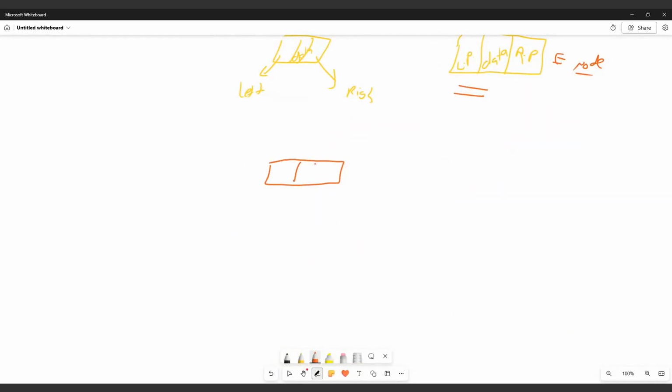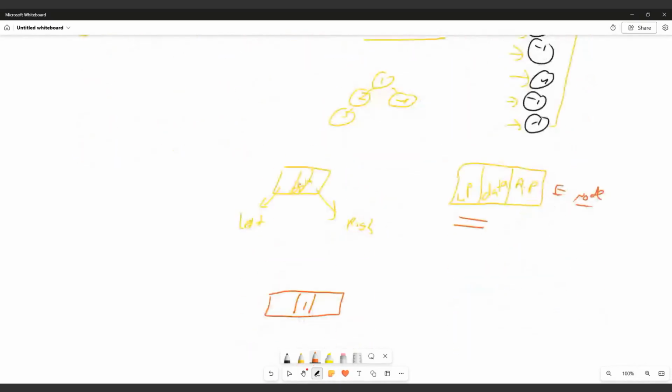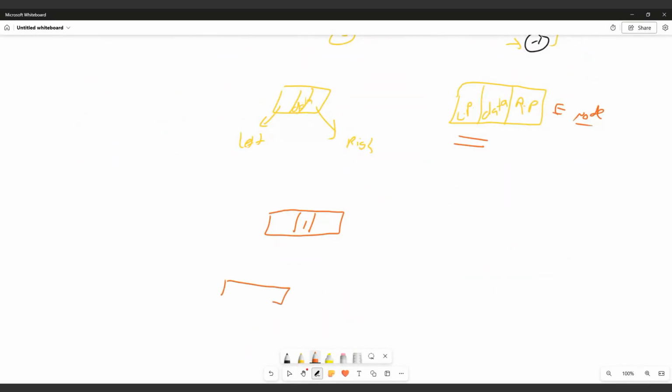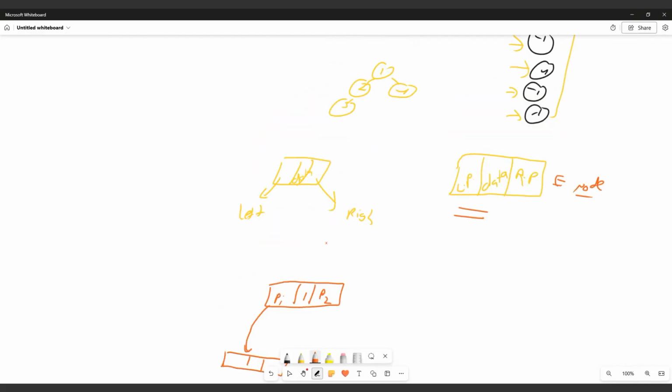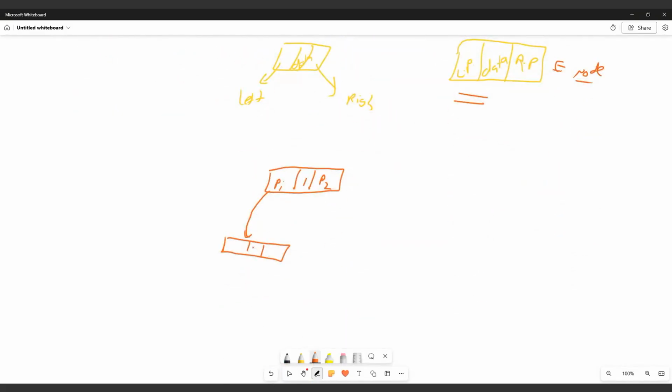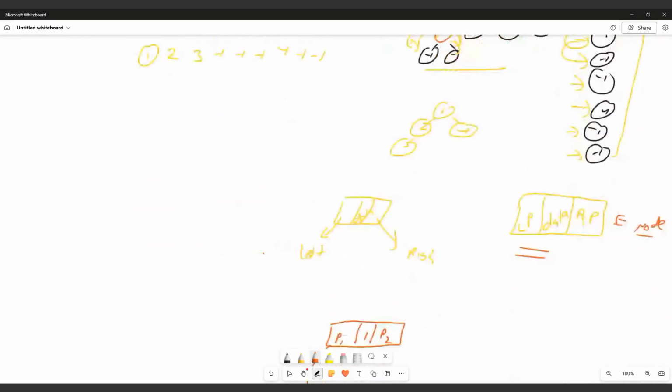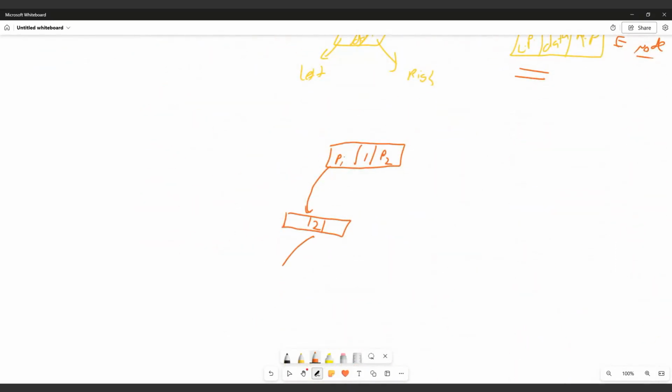We have one, now it is pointing to the left. So this data has a pointer which is referencing to this node. I'm calling them P1 and P2. Then in the node, data is 2, and it is also pointing somewhere. Again there is a pointer, and this P1 is pointing to this node.